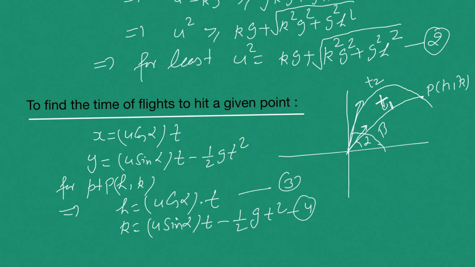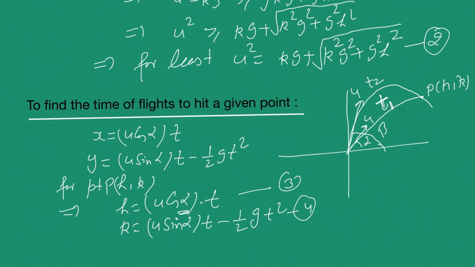Here, h and k are given, so these are constant quantities. U is also known, so we project it with initial velocity u. So for determining the time of flight, alpha could be variable, because we have studied there could be two directions.